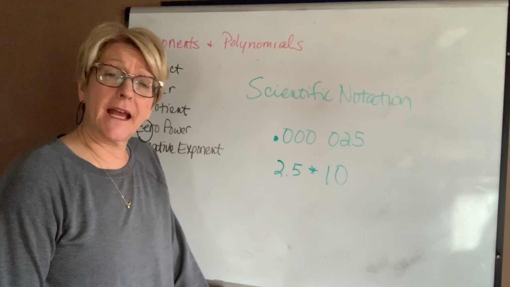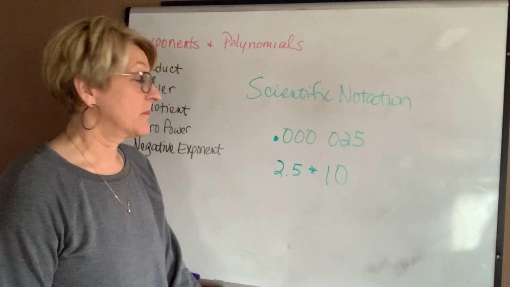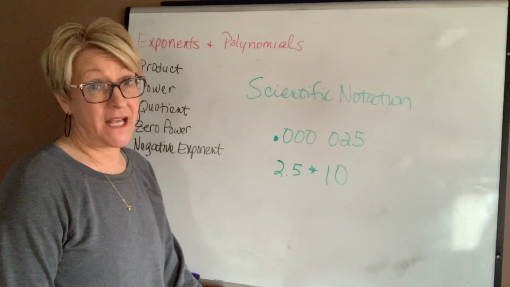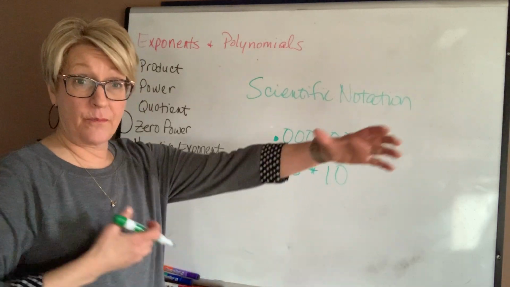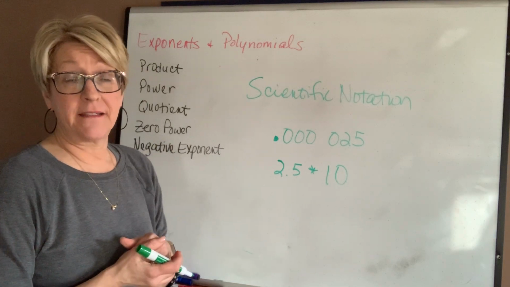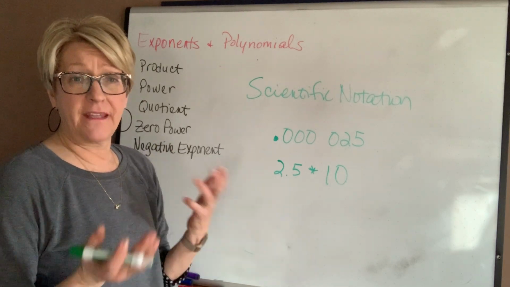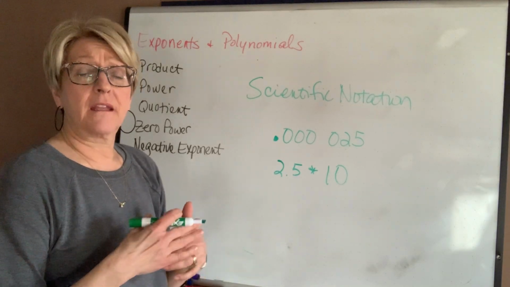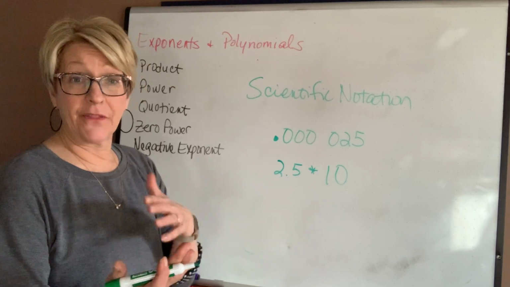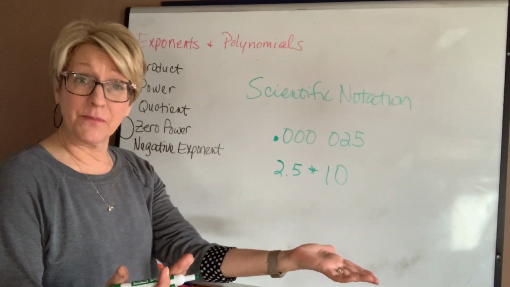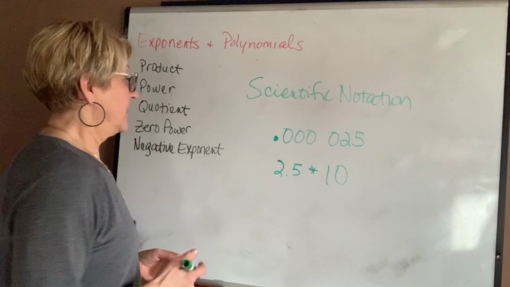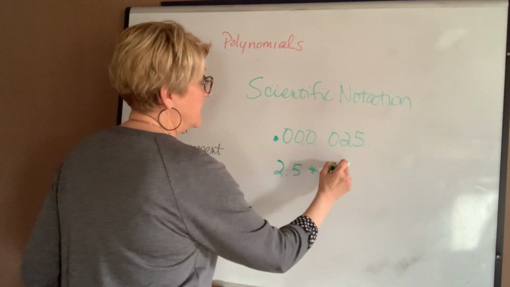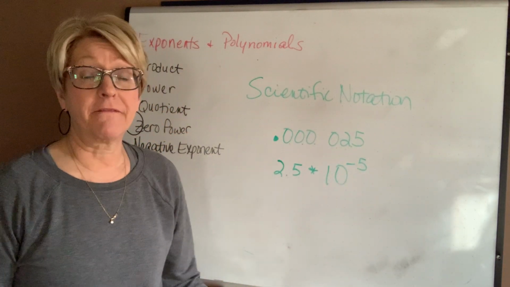Now I've got to figure out what that exponent should be. Here's the deal, right? This is a really small number, so I can't make my exponent positive because that would end up with a big number. So my exponent has to be negative. Think about that, right? We just talked about how a negative exponent can be written as a fraction, and another representation of a fraction is a decimal. So it's kind of related there. So we're going to move that decimal how many times? 1, 2, 3, 4, 5 times, but that 5 will be negative.